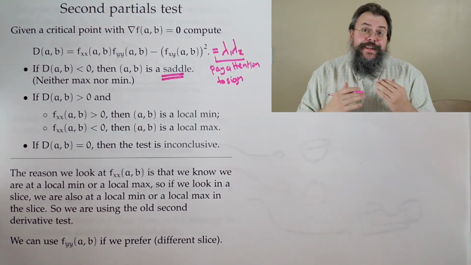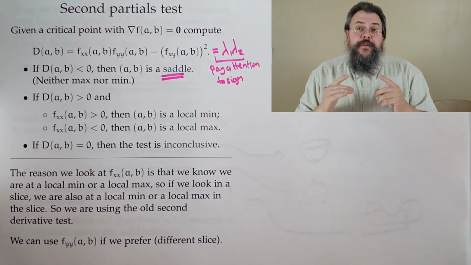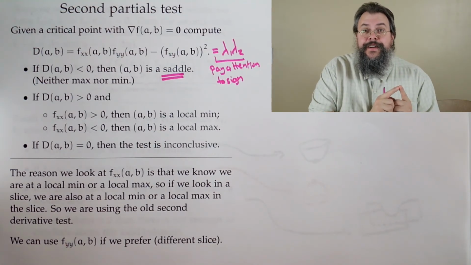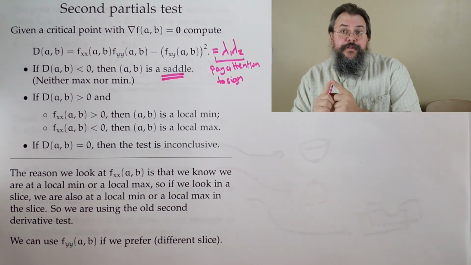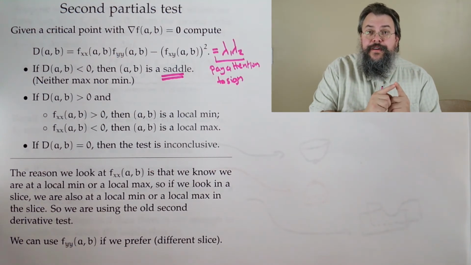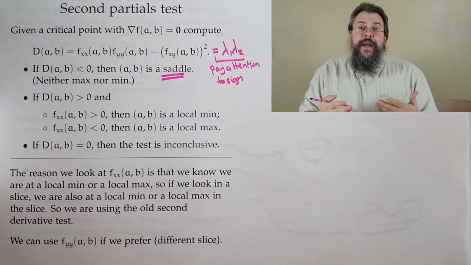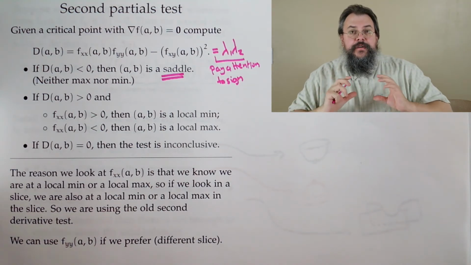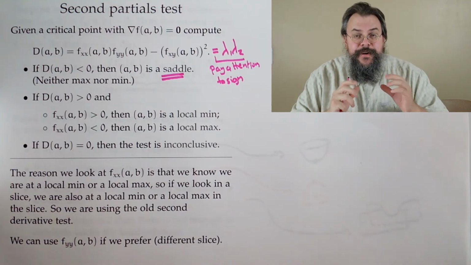Now, what if it's positive? Well, here's where things get interesting, because they could both be positive or they could both be negative. If they were both positive, local min. If they're both negative, local max. So we have to have a way to break the tie. So what we're going to do is push a little bit further.